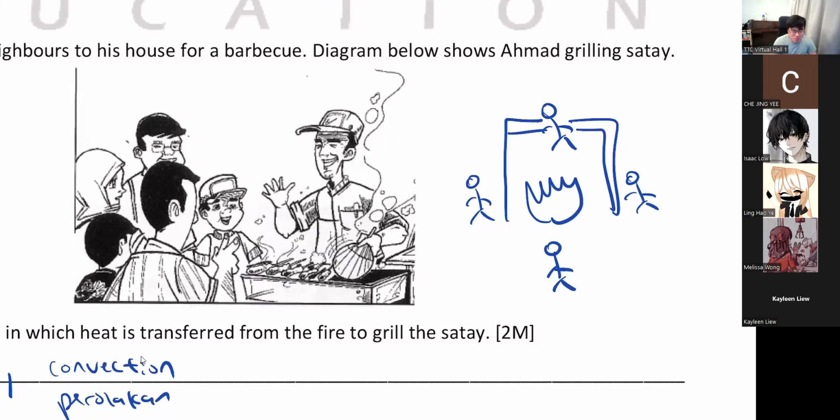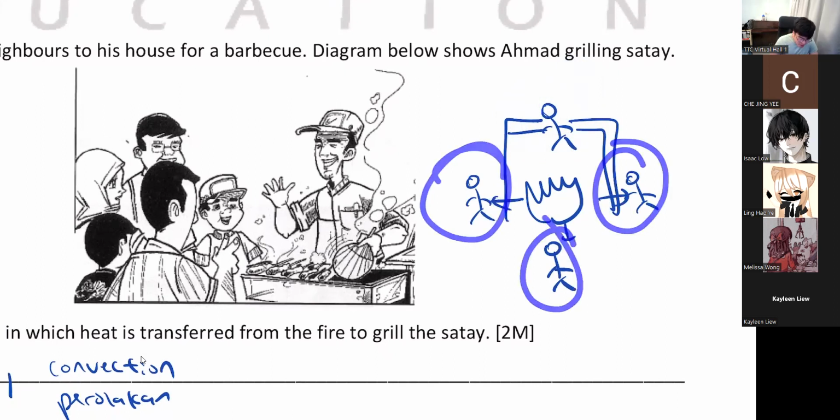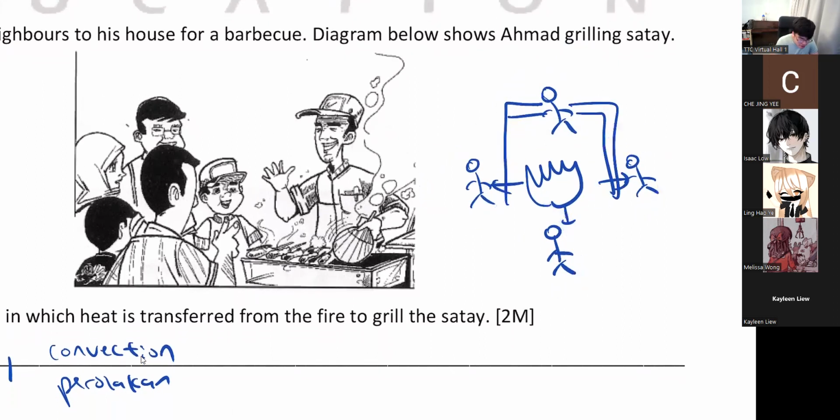Which one do you get the most heat from? Should be above, right? Why? Because do you feel heat from the side and bottom? Yes, you do. Whether you stand on the right side, left side, or bottom of the fire, you still feel heat, because this is radiation.